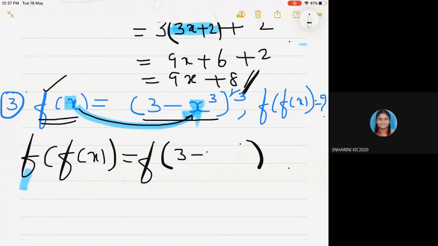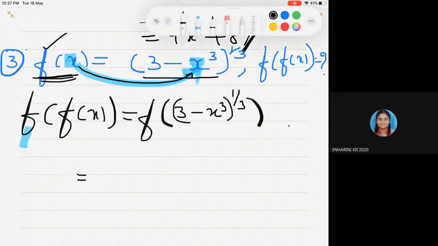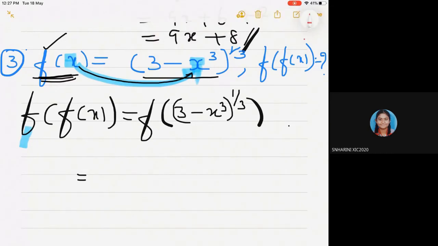So here the first part is very easy. It becomes 3 minus x cube raised to 1 by 3. Now the next part, whenever you change f or the image of f, you are getting an expression like this. Let us copy that expression by keeping the place of x vacant.